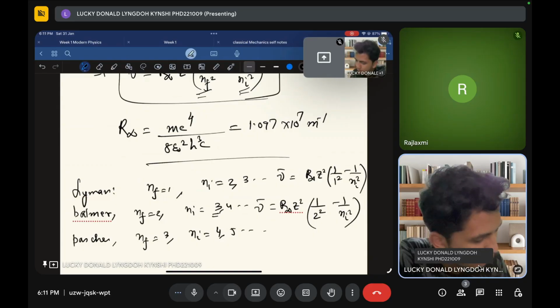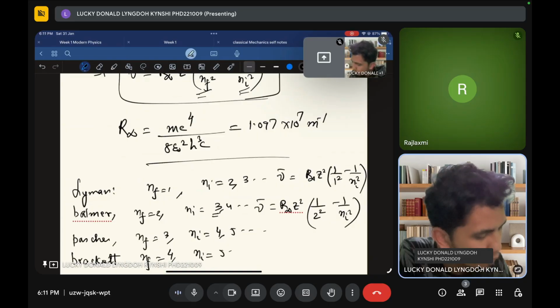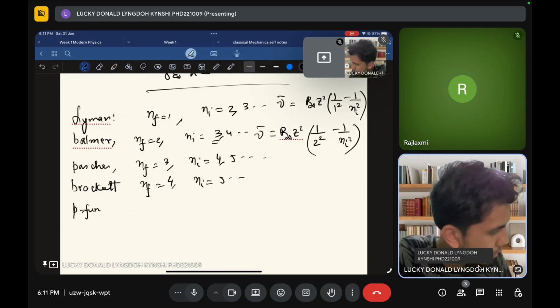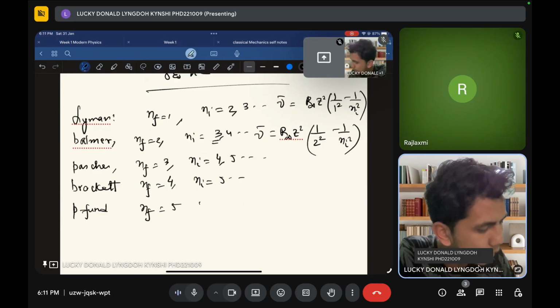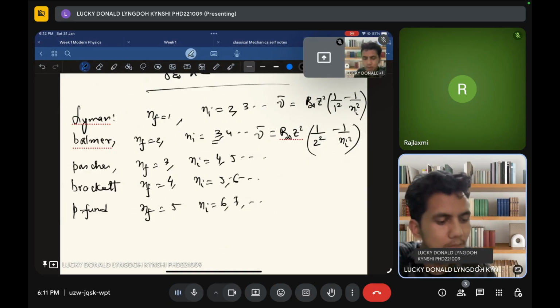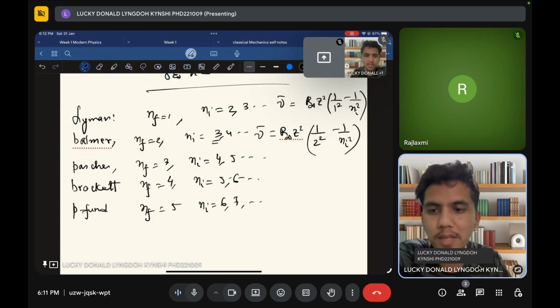Then Brackett, nf will be equal to 4, and ni will be equal to 5, and so on. And finally Pfund series, nf equal to 5 and ni equal to 6, 7, 8, and so on. So these are called Lyman series, Balmer series, Paschen series, Brackett series, and Pfund series.